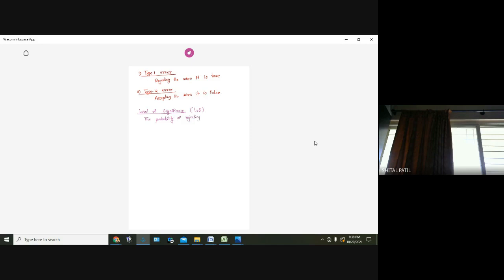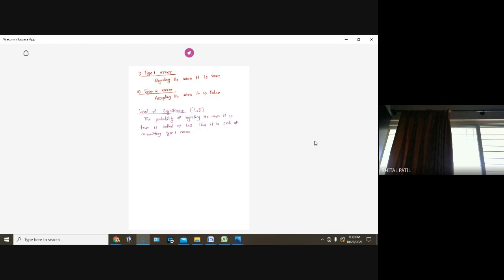See the type 1 error, rejecting H naught when it is true, is called level of significance. Thus, it is the probability of committing type 1 error. Type 1 error is just an error.